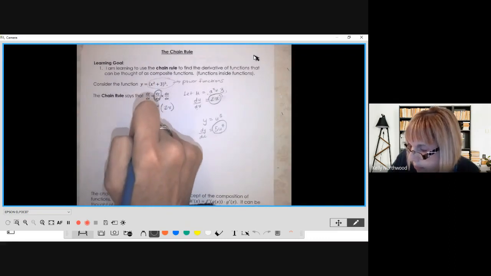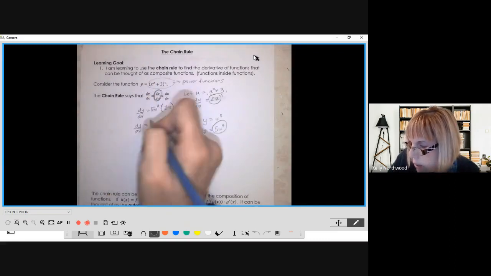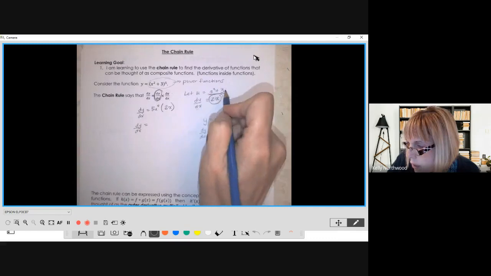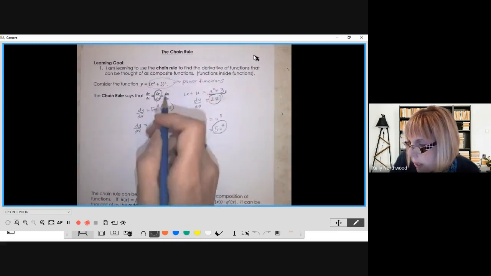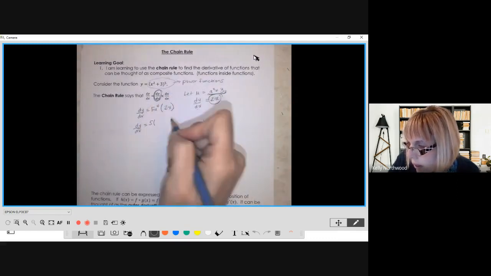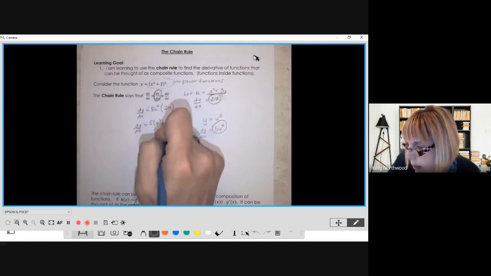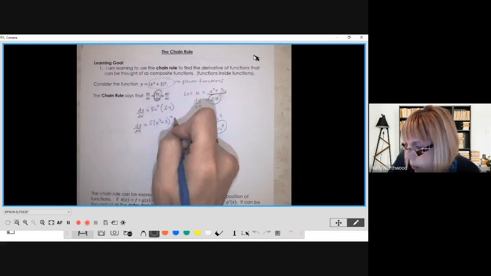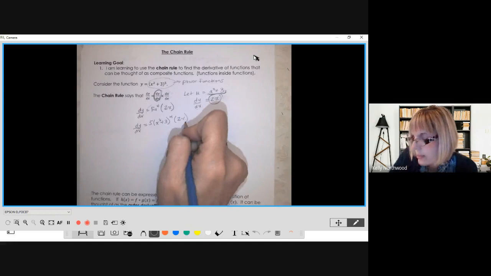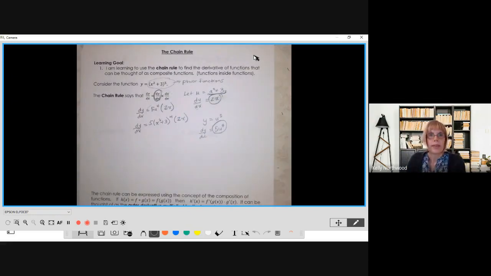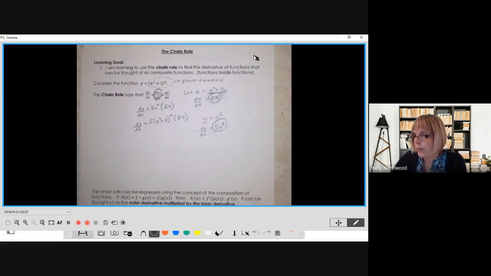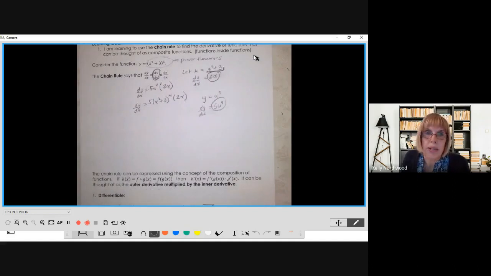But u we've defined to be x squared plus 3, so I can rewrite 5u to the 4th as 5 times x squared plus 3 to the 4th, times 2x. So that's using a u substitution, which we don't want to do every time.